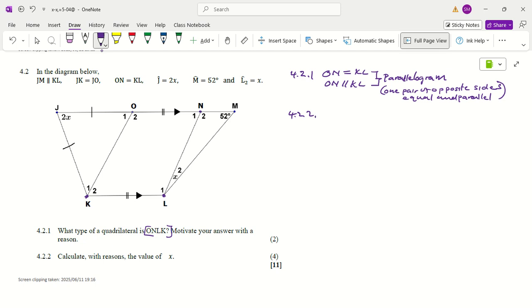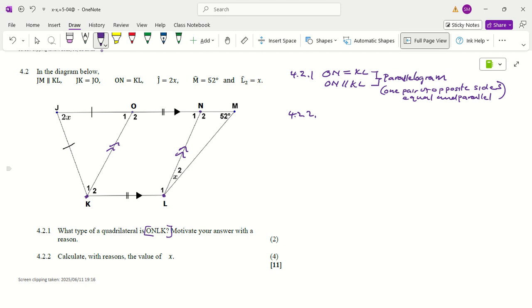It says calculate with reason the value of x. So we need to find the value of x, and immediately I can see that we have a parallelogram, right? So meaning that also this side is parallel to this side.